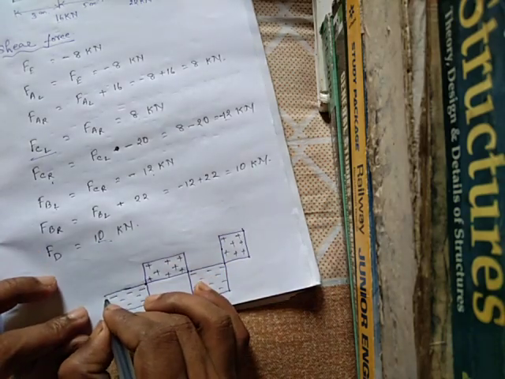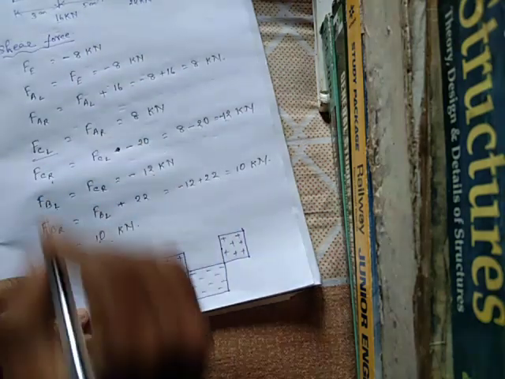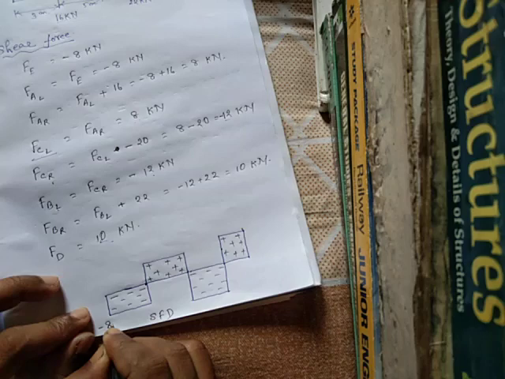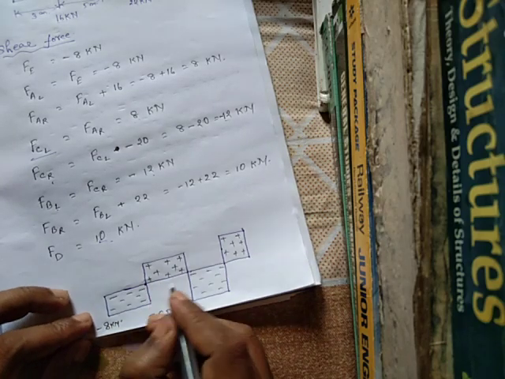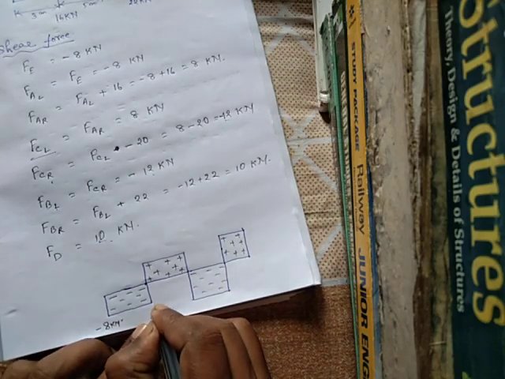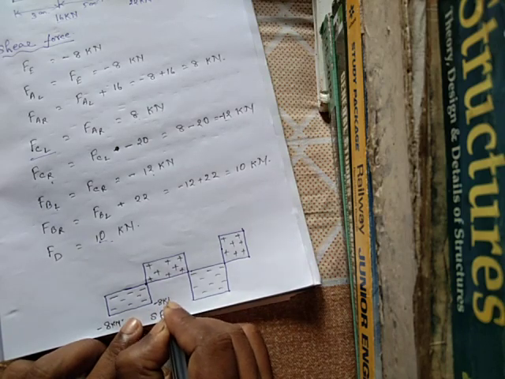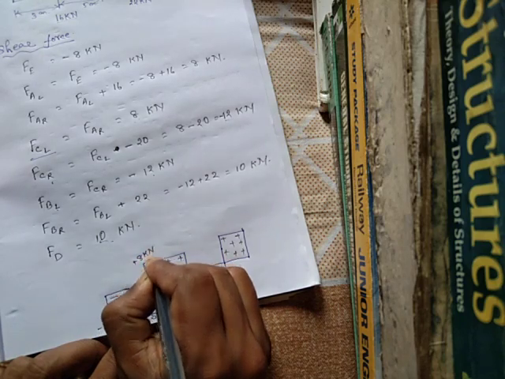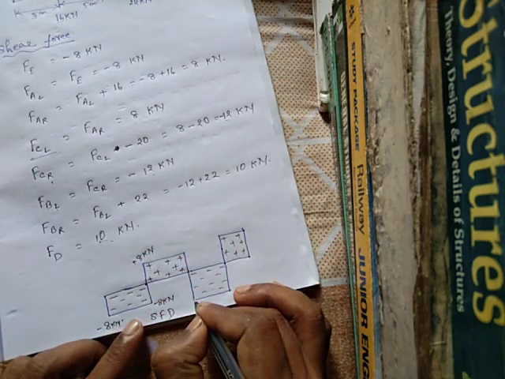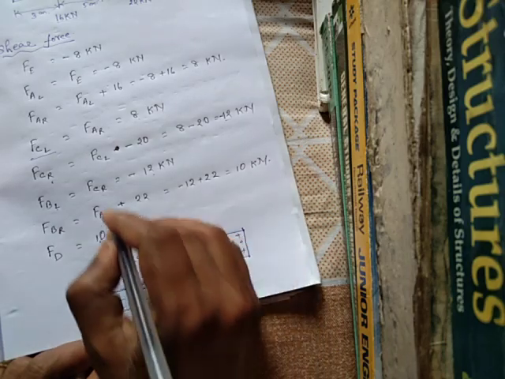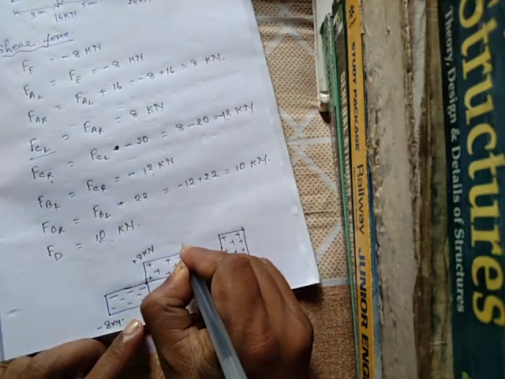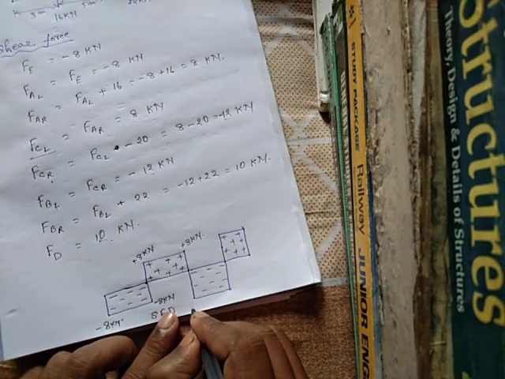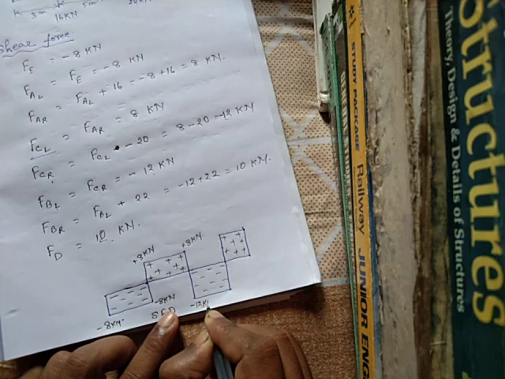Now put in the shear force values. At point E the shear force is minus 8 kilonewton; just to the left is minus 8 kilonewton and just to the right is plus 8 kilonewton. At point C just to the left is 8 kilonewton and just to the right minus 12 kilonewton.